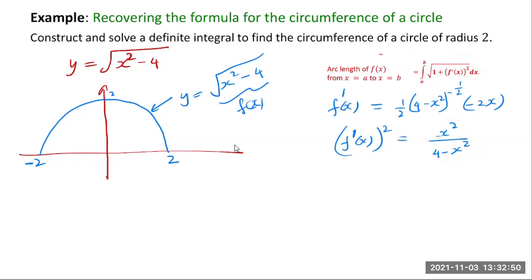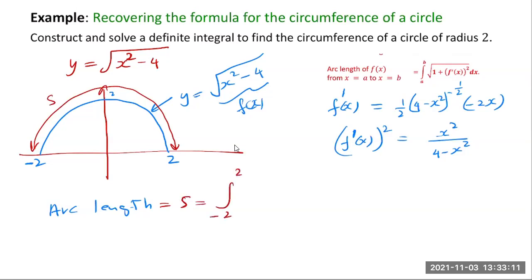Now I'm ready to go with my formula. I'll call the arc length S. S is equal to the integral from -2 to 2 of the square root of 1 plus f prime of x squared, that is 1 plus x squared divided by 4 minus x squared, dx.